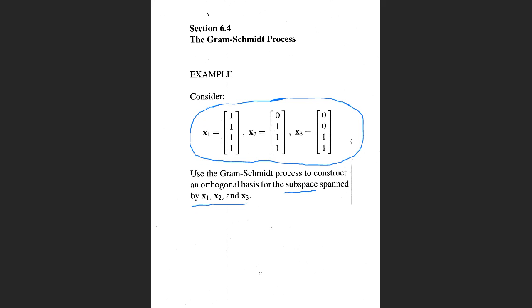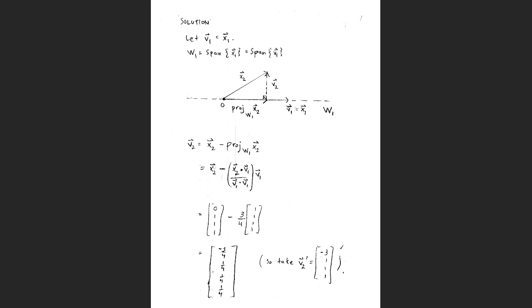So here's how you do this. First of all, you pick a vector. What we're going to be doing is going from the basis x1, x2, x3 to a new basis with new basis vectors v1, v2, and v3.